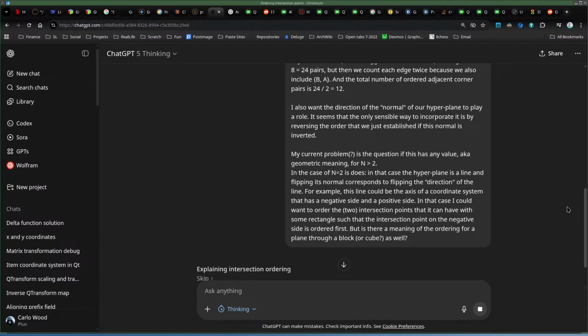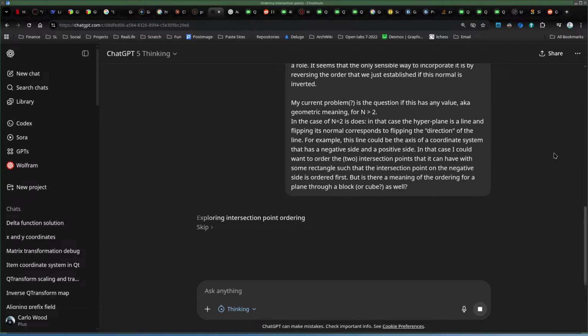Explaining. Yeah, this is why I like DeepSeek better. Yeah, it isn't as arrogant and self-secure about everything. Considering, okay, better wording.